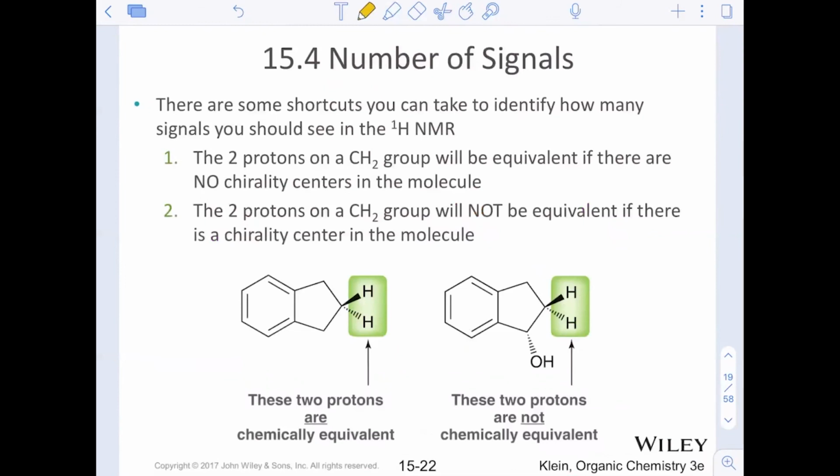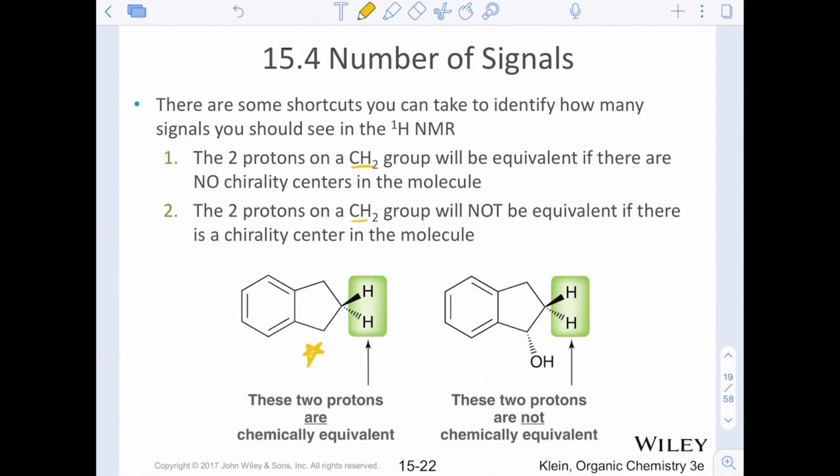A couple of shortcuts that you can take to identify: if you notice a CH2 group, right? The 2 protons on a CH2 group will be equivalent if there are no chiral centers in the molecule, right? With the compound here on the left, no chiral centers, those CH2s are chemically equivalent.